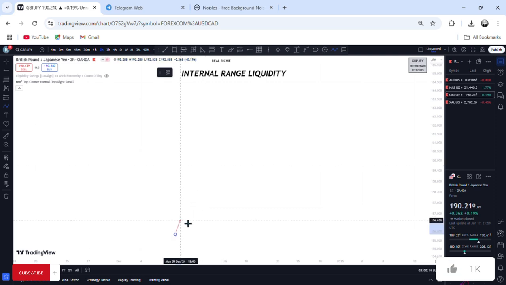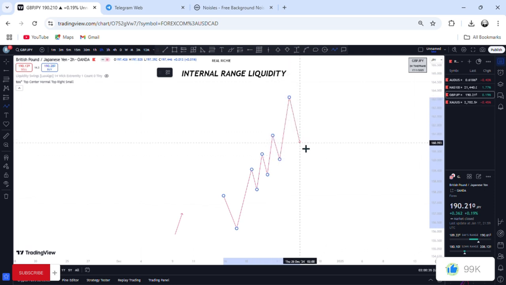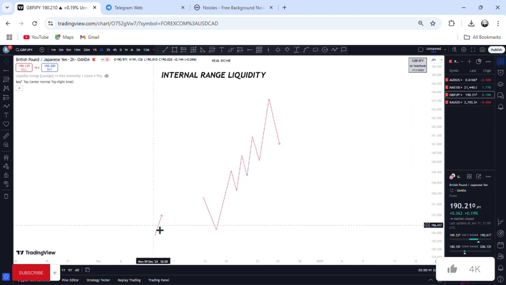Yeah. So price creates a what? Hold on. Price creates a low here, right? Then price will be moving upside. Yeah, this is exactly how the market sometimes looks, right?